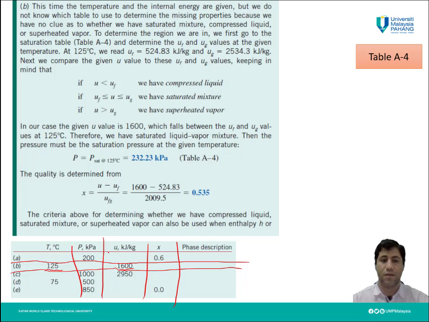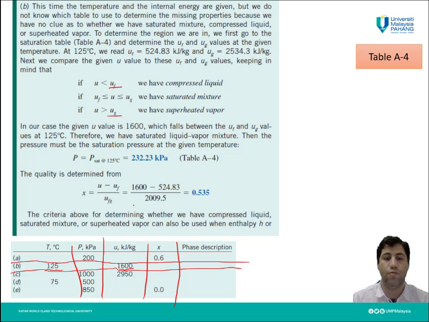Then find the UF and UG for this temperature. Then we need to compare the U or energy which we have here in this table with UF and UG which we can find from table A4.